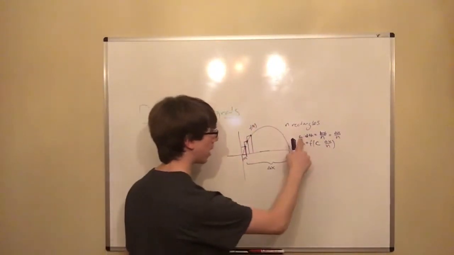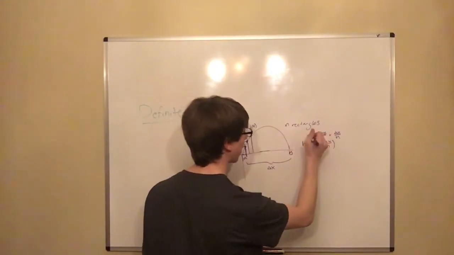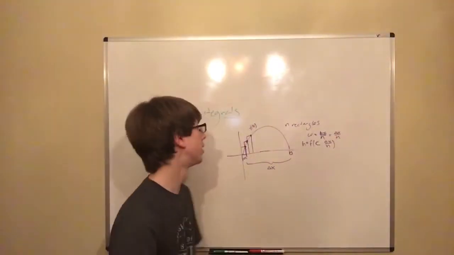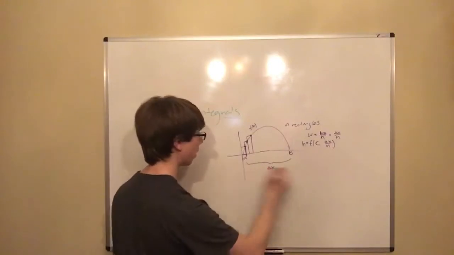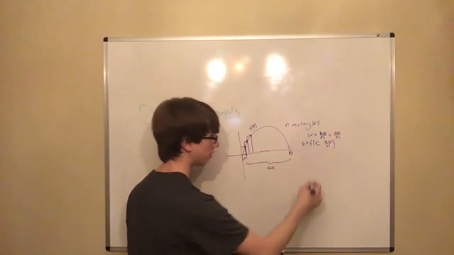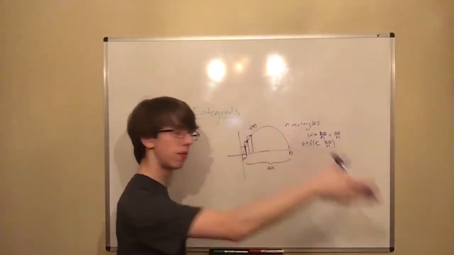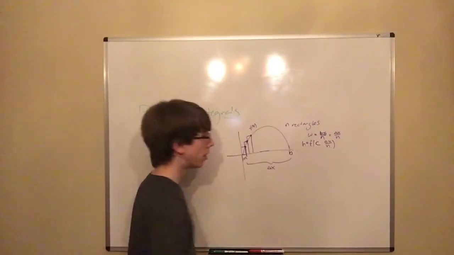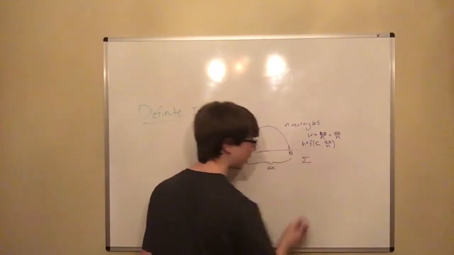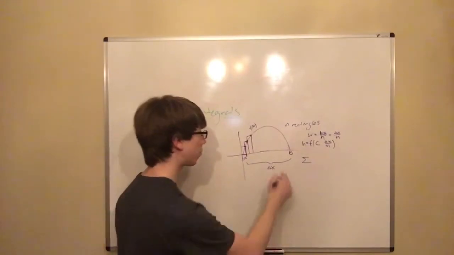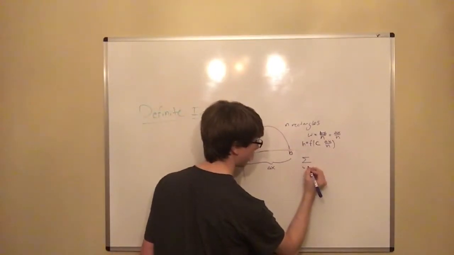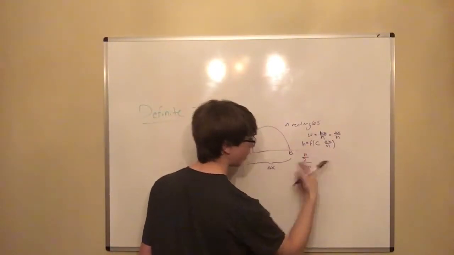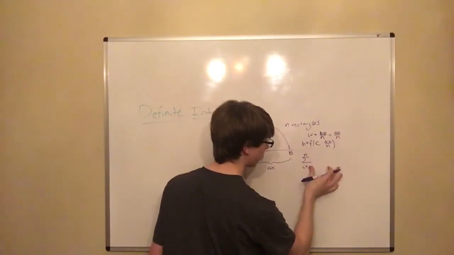So if that's the height and the width is delta x over n, all we need to do is just do the sum of all these rectangles. So we're going to use sigma notation, which is sum. Sigma from i is equal to 0 to n, the number of rectangles, not 0, 1, my bad.